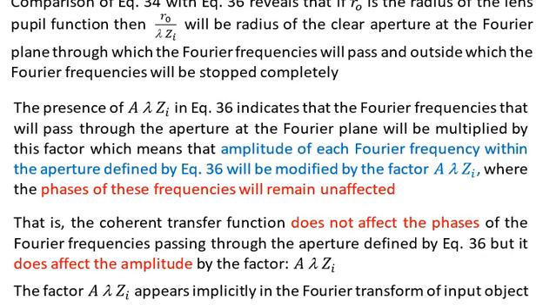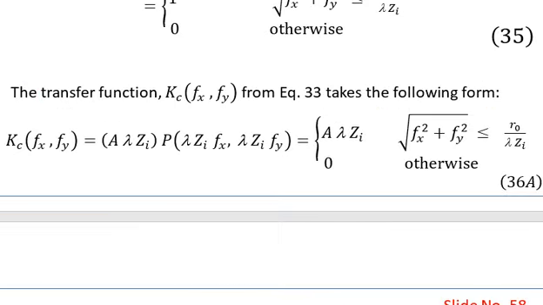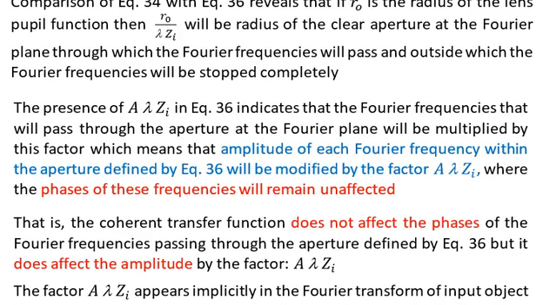Notice the presence of a lambda zi in equation number 36a. It indicates that the Fourier frequencies that pass through the aperture at the Fourier plane will be multiplied by this factor, which means that the amplitude of each Fourier frequency within the aperture defined by equation number 36 will be modified by the factor a lambda zi, whereas the phases of these frequencies will remain unaffected.